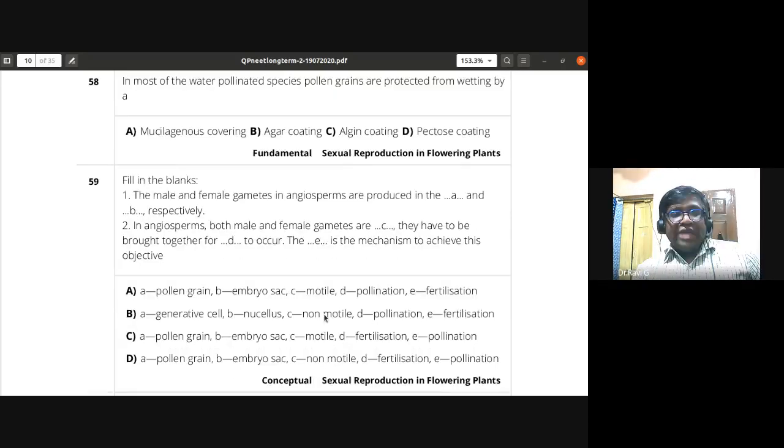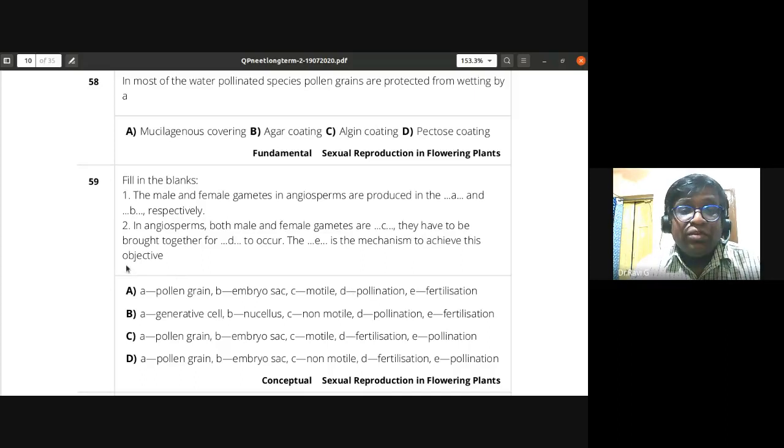So male gametes are produced within the pollen grain, and female gametes in the embryo sac. In angiosperms, both male and female gametes are dash. They have to be non-motile. They don't have any locomotor structure. So C is non-motile. A is pollen grain, B is embryo sac, C is non-motile.